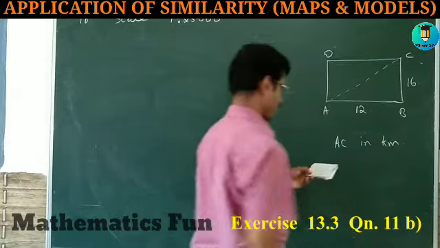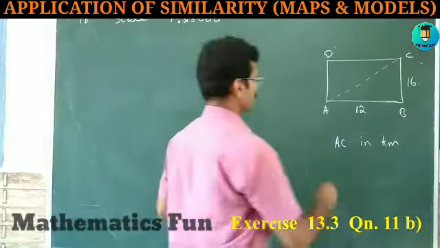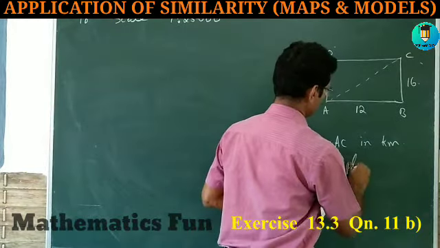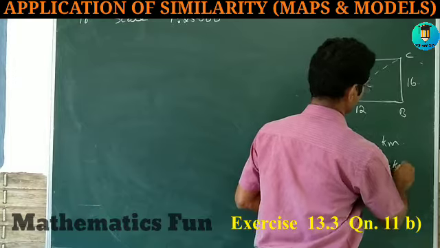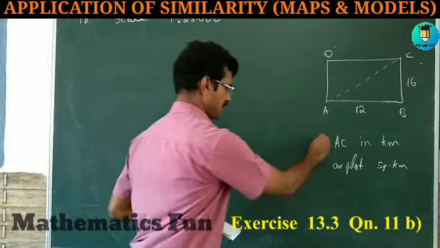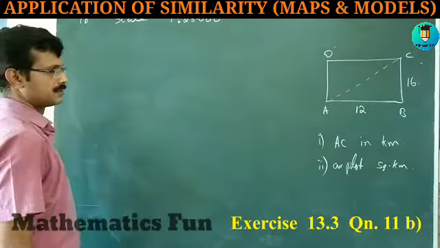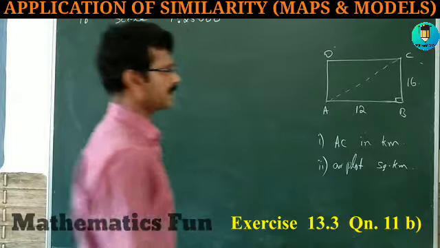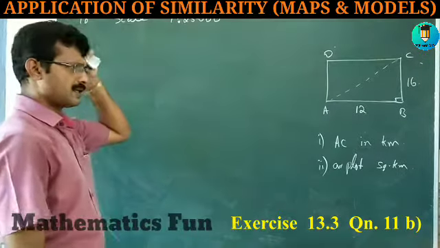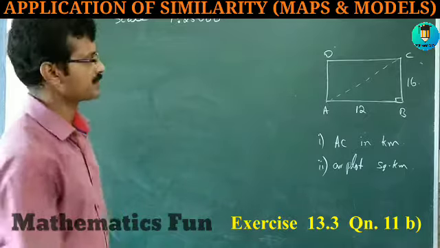That is the first part. Second part, we need the area of the plot in square kilometer. These two parts we need. It's a rectangle, and AC we need in kilometer. First of all, AC we can find out by Pythagoras theorem.